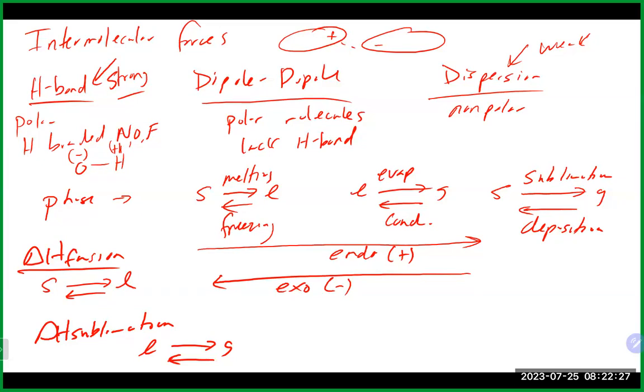To go from liquid to gas is about 2,260 joules per gram. So a much larger amount of energy is required to do that transition of liquid to gas, because you are separating everybody from each other into the gas phase where they are flying around. Any questions on any of that stuff?